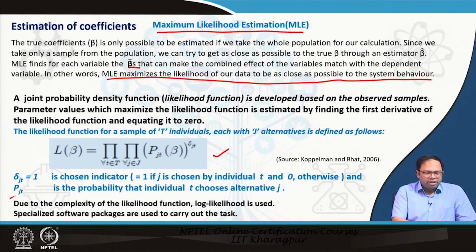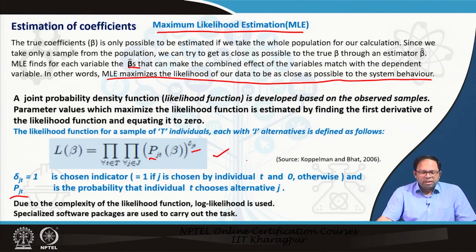One is the probability of Jt, the probability that individual t chooses alternative j, which depends on the beta coefficient. The other is delta Jt, which is 1 if j is chosen by individual t and 0 otherwise. So in the likelihood function we only consider the alternatives that are chosen.